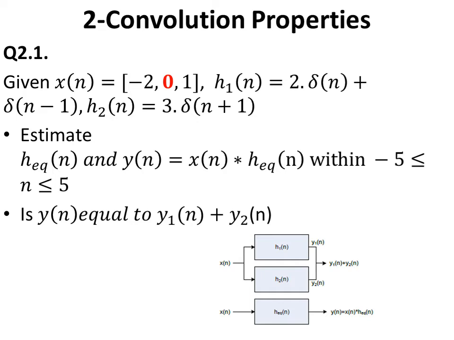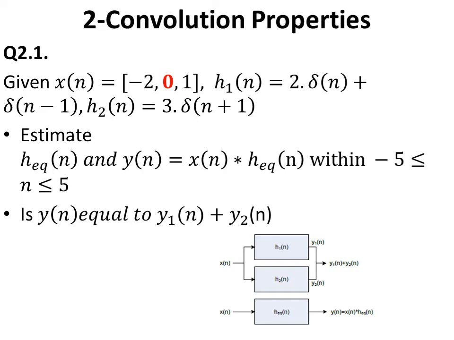We'll refer to the first one: x[n] is fed into the two systems h1[n] and h2[n], right? Then the output of h1[n] is y1[n], the output of h2[n] is y2[n], and the total output will be y1[n] plus y2[n], right? Then refer to the next figure.